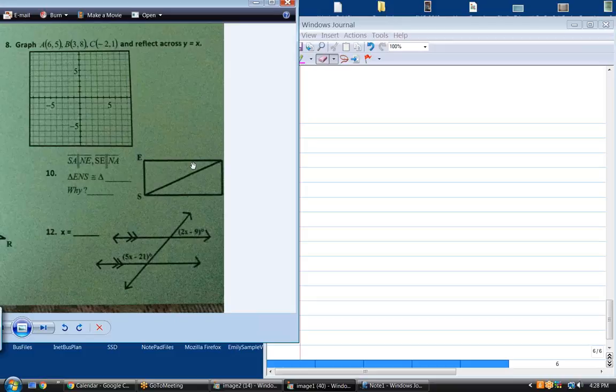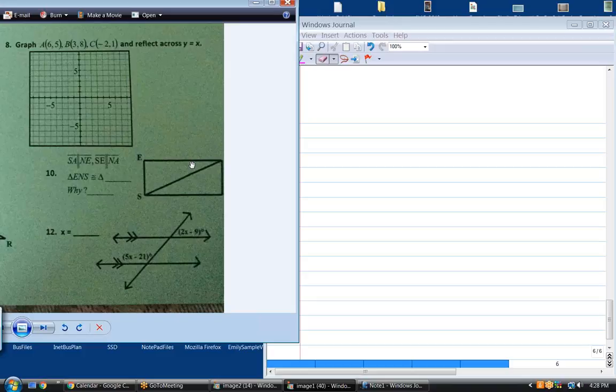It's N, S. That's N and that's A. So SNE is equal to NSA. Correct.